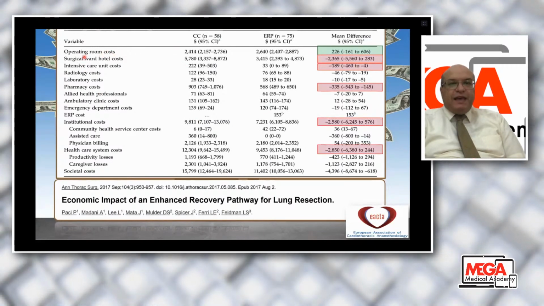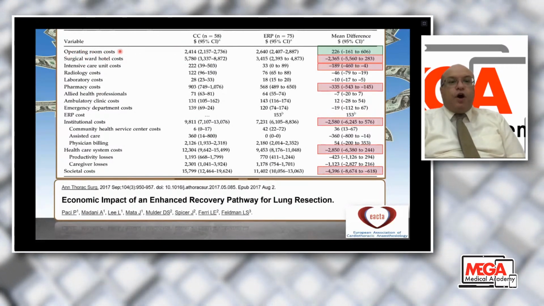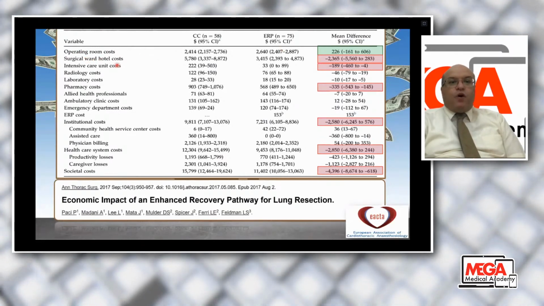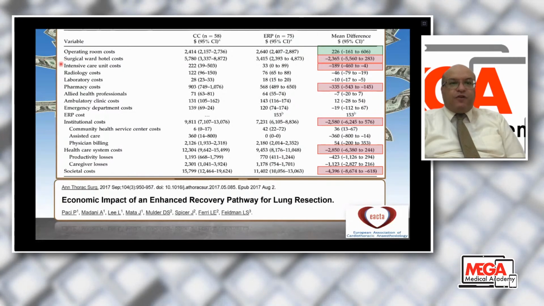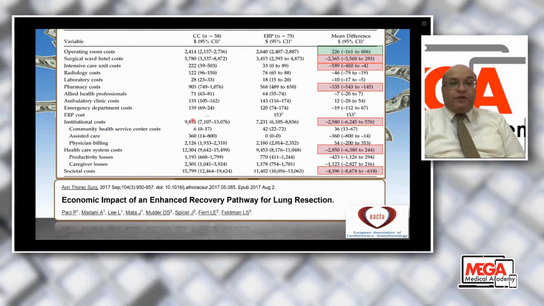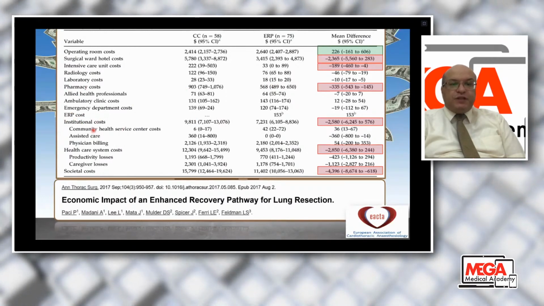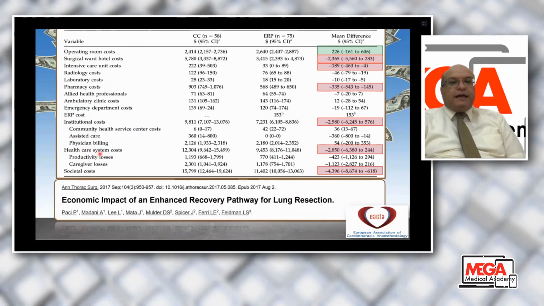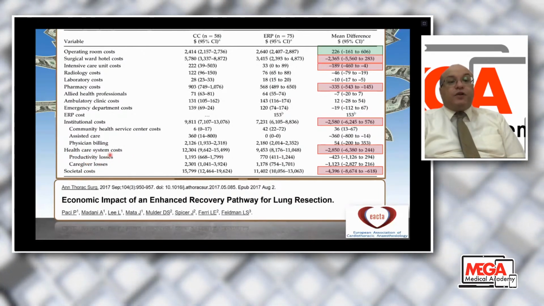You can see we have a reduced operating room cost here. We have the surgical ward stay, the reduced cost of intensive care stay, the cost of drugs for pharmacy, as well as institutional cost for other assisting services, as well as healthcare system cost, and also societal cost.